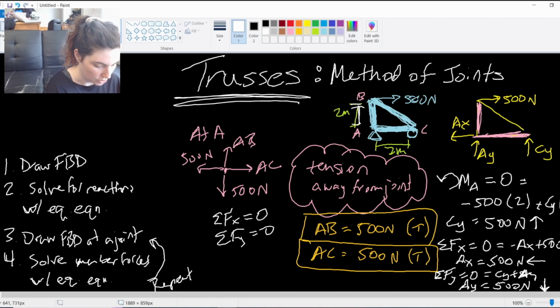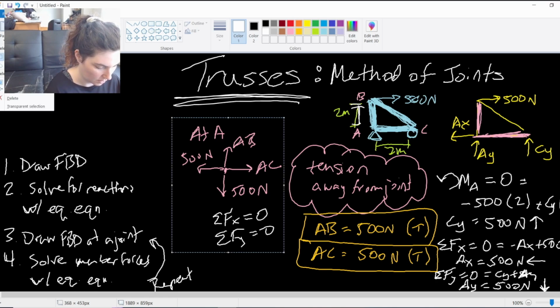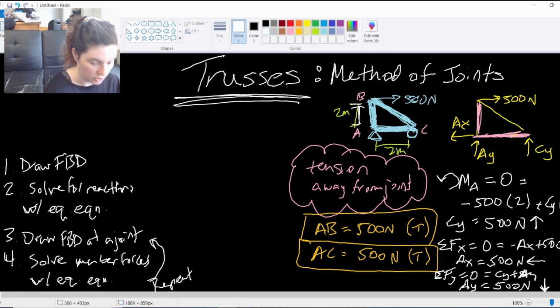So again, you're going to draw your free body diagram at your point of interest. At point B, my free body diagram has the force through AB, which we already solved.